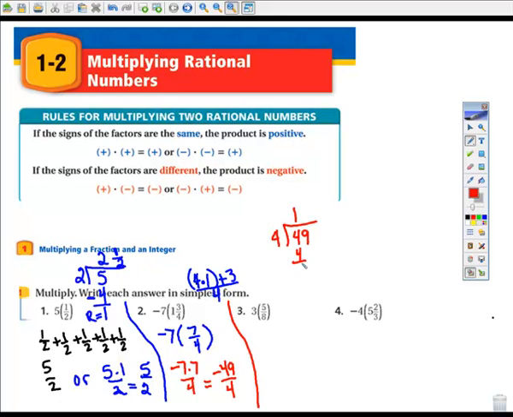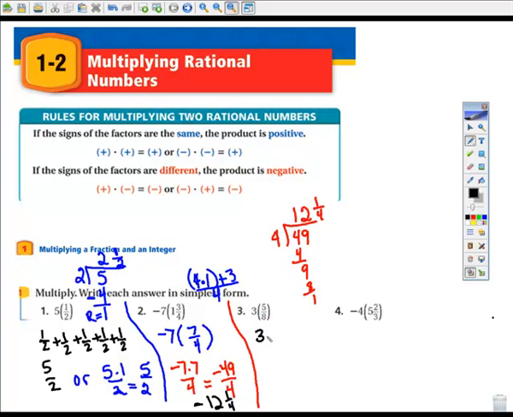I have 0 remaining, so I bring down the 9. 4 goes into 9 twice, that's an 8, with a remainder of 1. So that's my numerator, and my denominator is 4. My final answer, however, is negative, because it was a negative times a positive, -12 and 1/4.